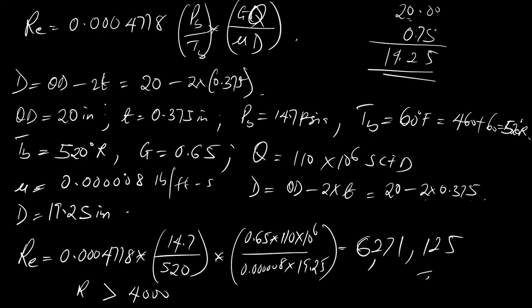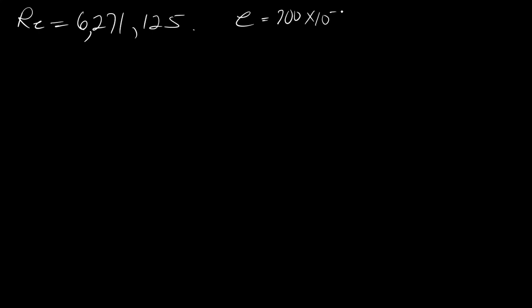We have our Reynolds number equal to 6,271,125, the roughness is 700 times 10 raised to the power minus 6 inches, and our D is 19.25 inches.